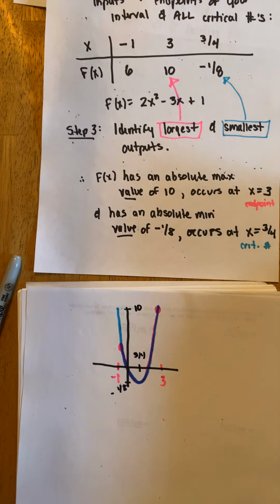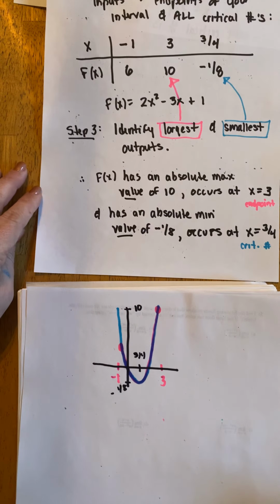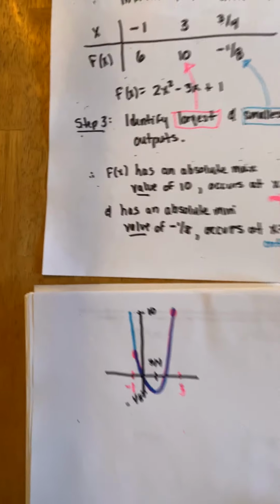All right, let's do one where the critical numbers are not as nice and obvious as we have in a quadratic. How am I doing on time? All right, I think we can do it. Let's go.